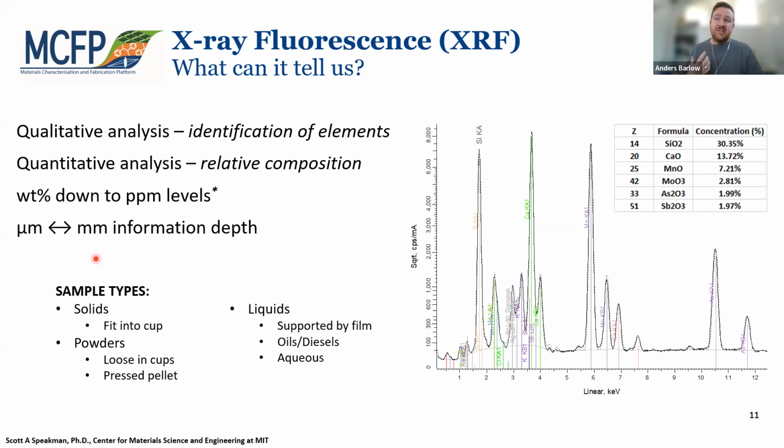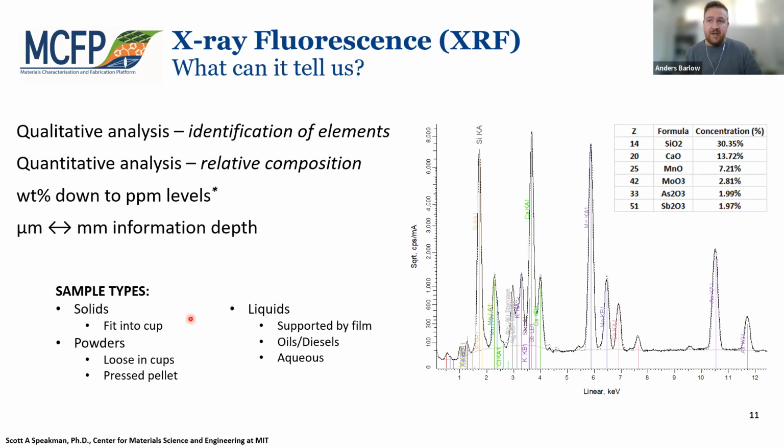And the information depth that we get out of this, again, is also very dependent on the elements that we're looking at and your sample and how it's been prepared. But you go anywhere from micron depth to millimeters of information depth. So it's a very, very broad range of information depth depending on what you're looking for and how your sample is being prepared. But the big advantage is it is broadly applicable to lots of different sample types.